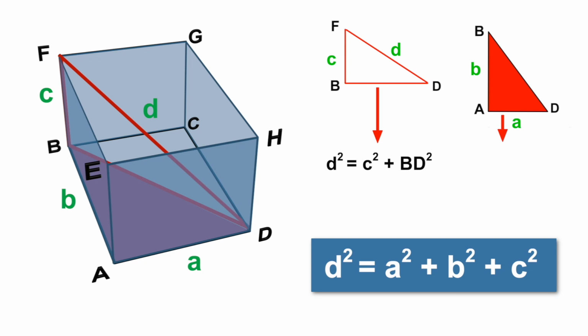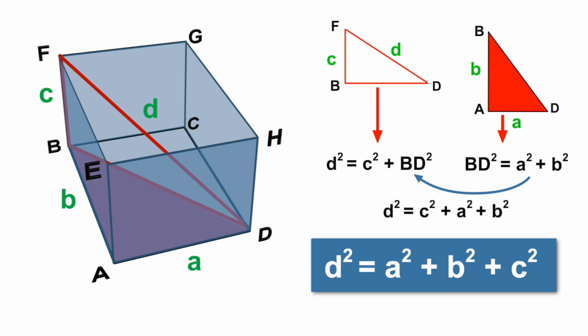Now BD squared, which is the hypotenuse of the triangle ABD, must equal A squared add B squared. Substituting this into the above equation, we now have D squared is equal to C squared add A squared add B squared, which we can rearrange like so. And there we have it. D squared is equal to A squared add B squared add C squared.